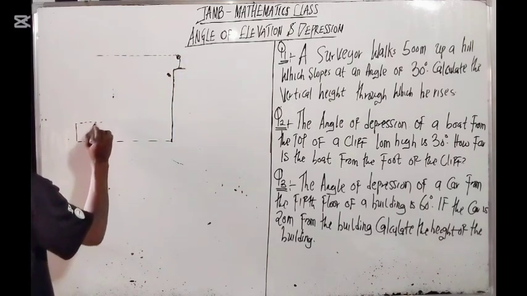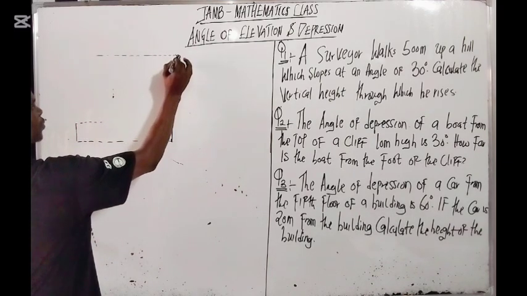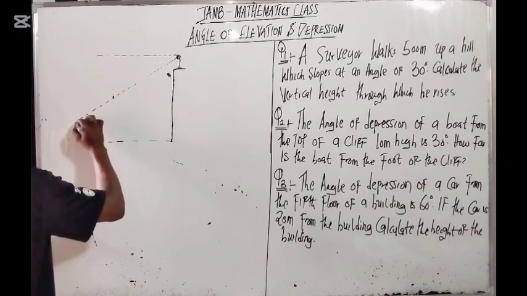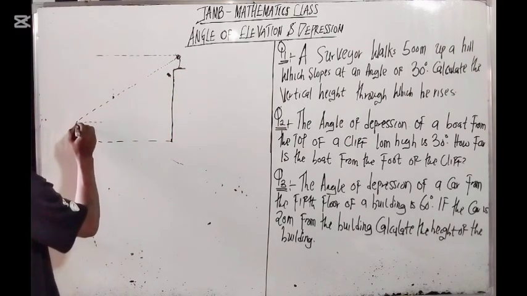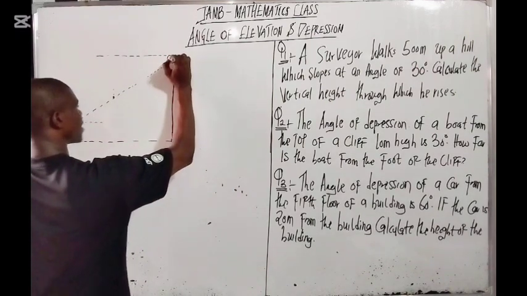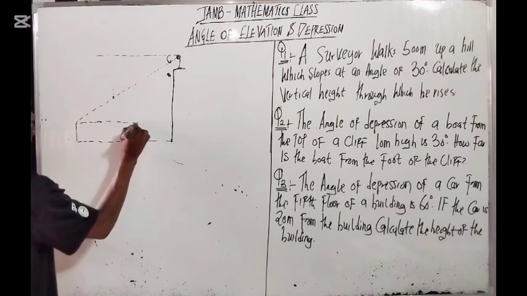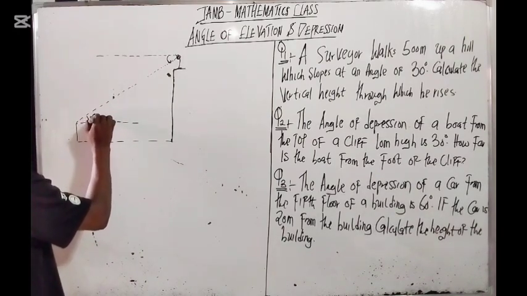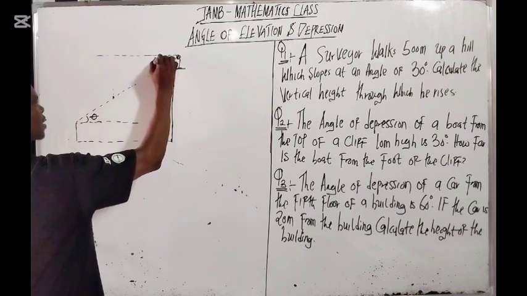Now, this guy is viewing this guy at this angle here, while this one is viewing at this angle here. So here we have this angle, and here we have this angle.